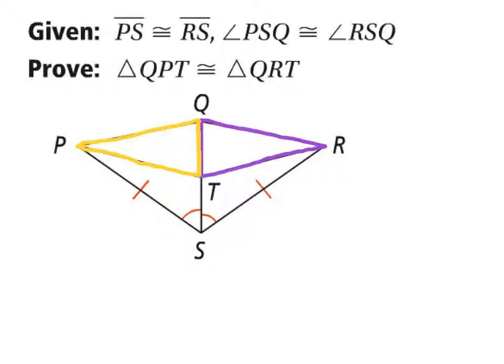Those two triangles are the ones we're trying to show are congruent. So that means we need to find side, side, side, or side, angle, side, or angle, side, angle, or angle, angle, side, or hypotenuse, leg for those two triangles.